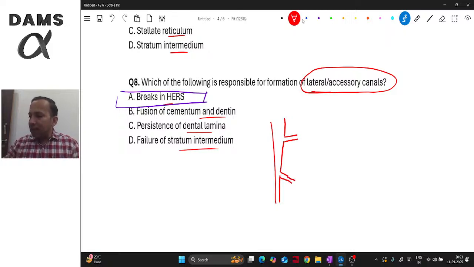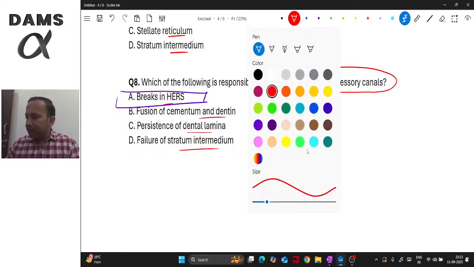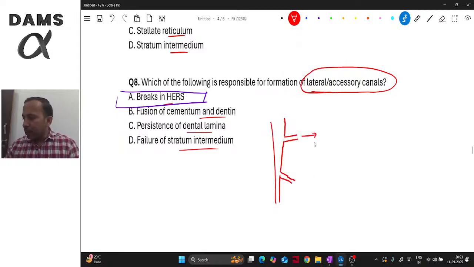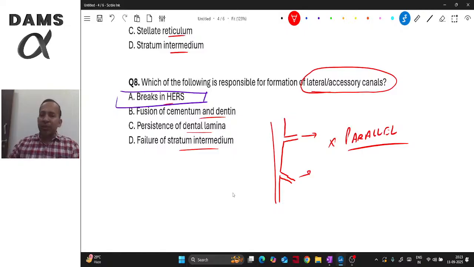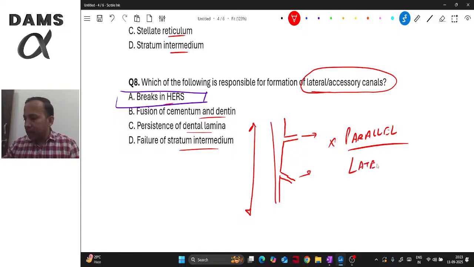Now these canals are not parallel, or you can say they are not in the general direction of this pulp canal. Therefore they are known as lateral canals. Now just imagine when there is an additional canal which is running parallel to this particular canal.